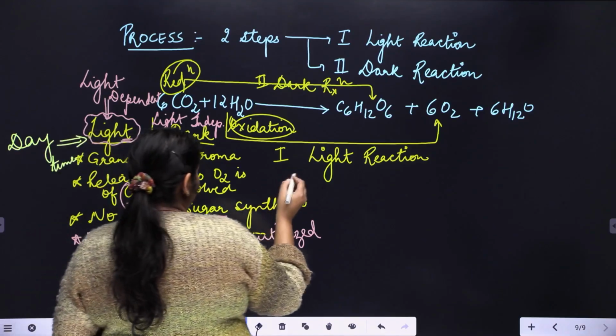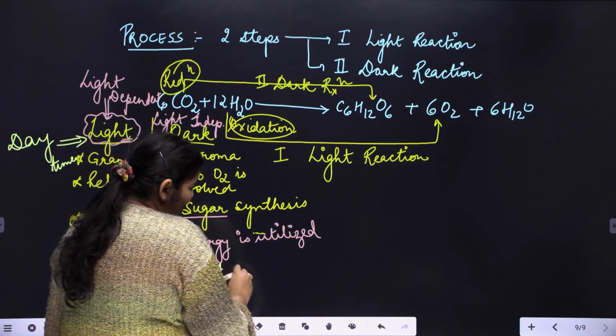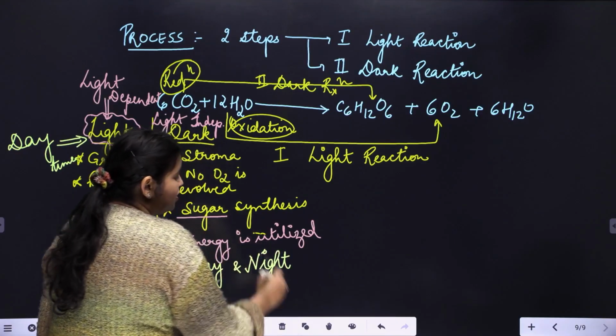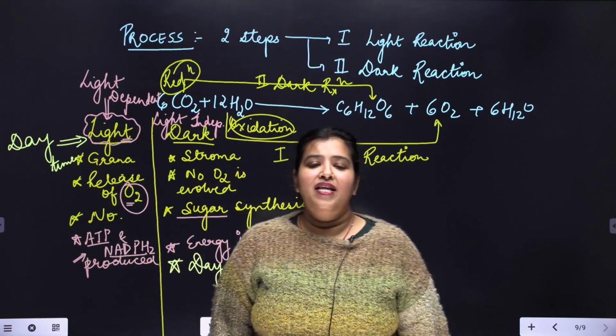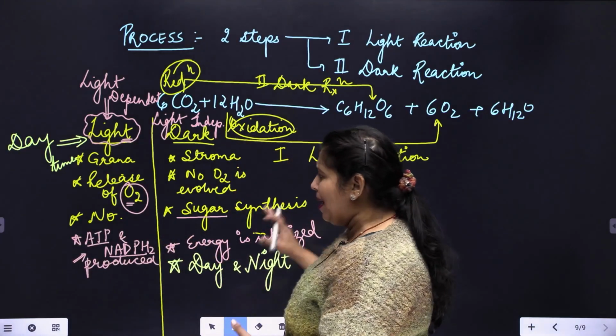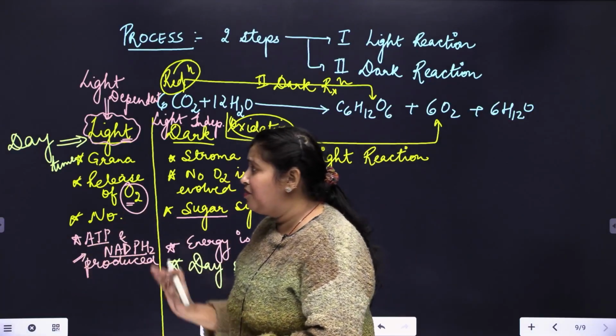And dark reaction will take place both day and night till the time the products are available, that is, the energy is available to us. I hope I am clear with the differences between the dark reaction and the light reaction.